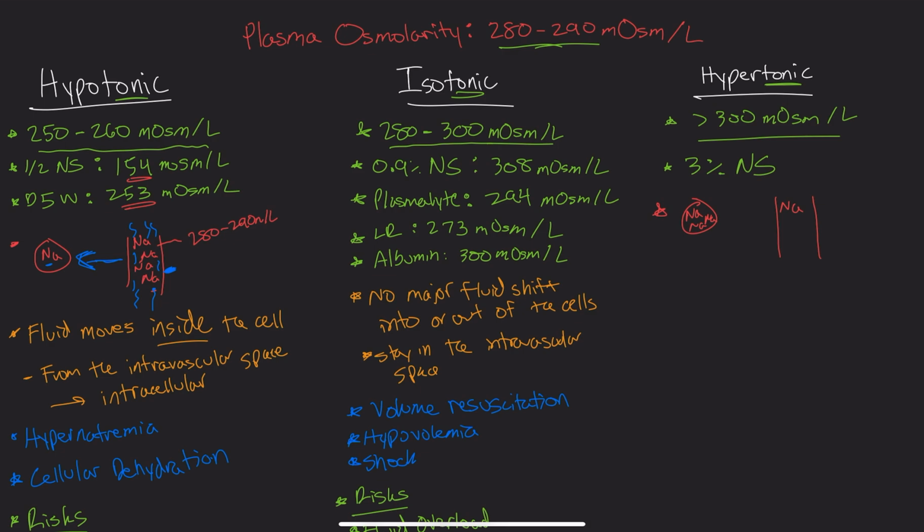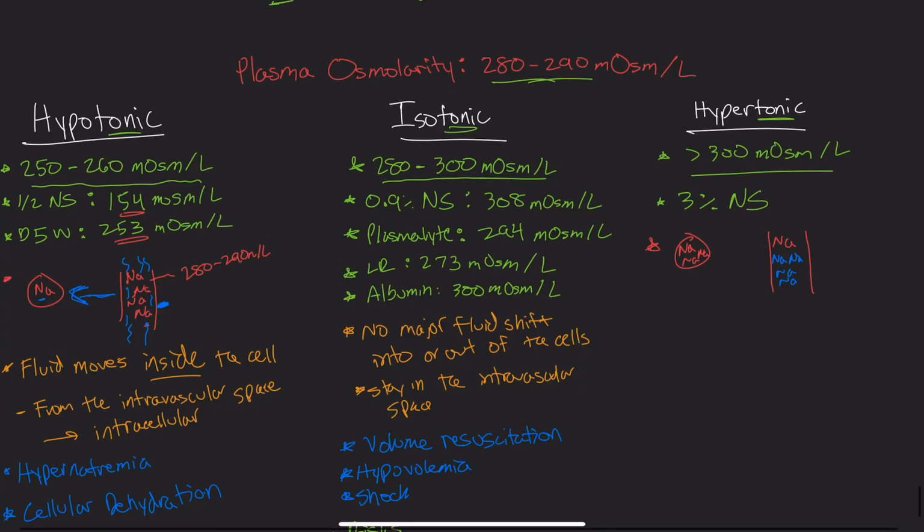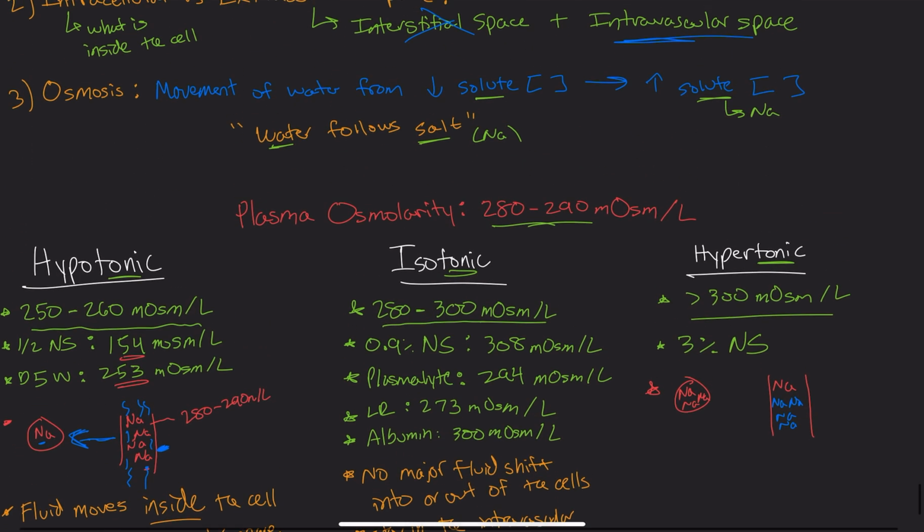So basically now you're trying to create this gradient where you want to raise the sodium level inside the blood vessel, right? So by giving a hypertonic fluid, you're going to add more sodium to the blood vessel, or eventually have a higher concentration inside the blood vessel than what's inside the cell. And remember, water follows salt, or low solute to high solute.